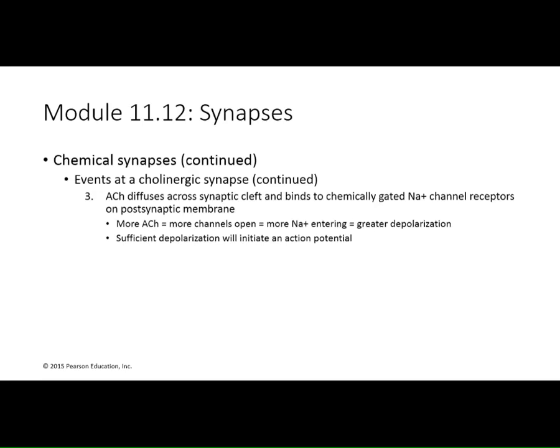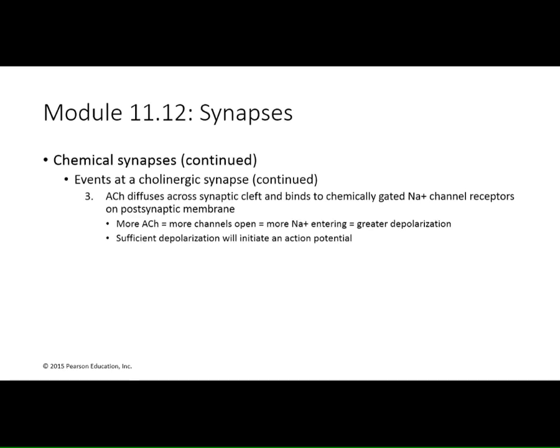That acetylcholine is then going to be released across the synapse, across what's called the synaptic cleft. And in a very short distance, there's going to be another neuron there. That neuron is going to have a cell membrane, and in that membrane, there are going to be ligand-gated channels, right?